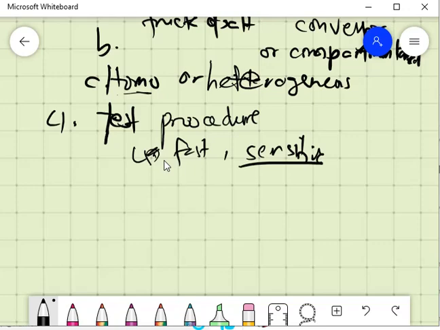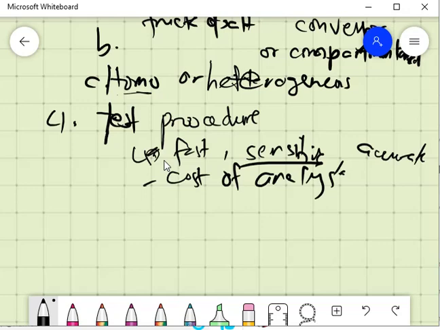That's what you call sensitive, it can detect even a small amount. Okay? And is it accurate, and is it labor intensive, or we have to consider the cost of analysis. Okay, so we have to consider a lot of things.